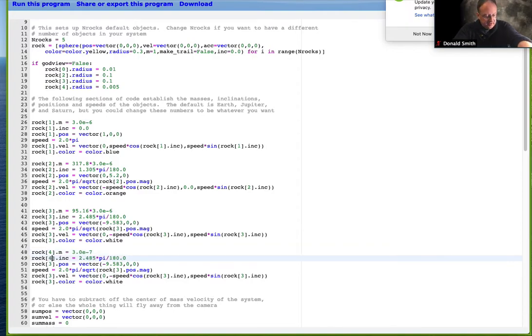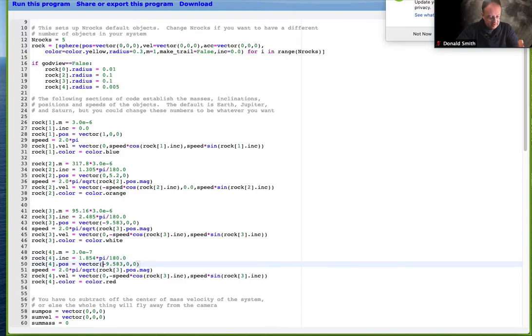Got to change these up to 4. And what color should we make Mars? Duh, it's the red planet. And let's see, Mars's orbital inclination. I'll talk more about inclination later, but let's go ahead and put it in here, 854.